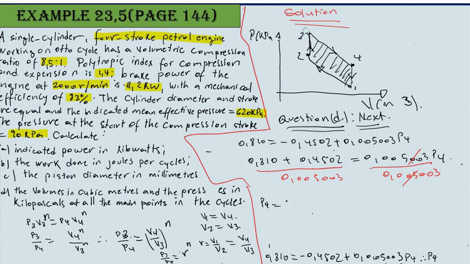So I get 251.88 kilopascal. So now to get P3, I'm going to use the relation that we have written on the previous slide.